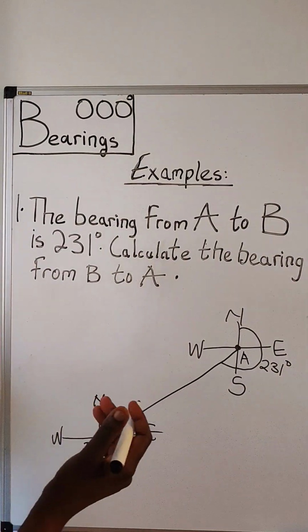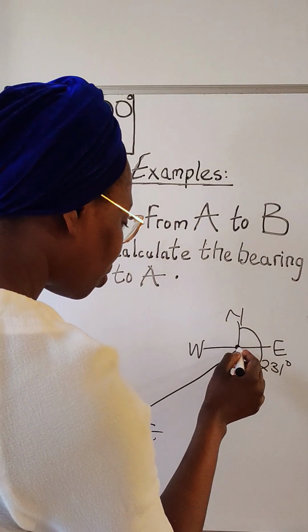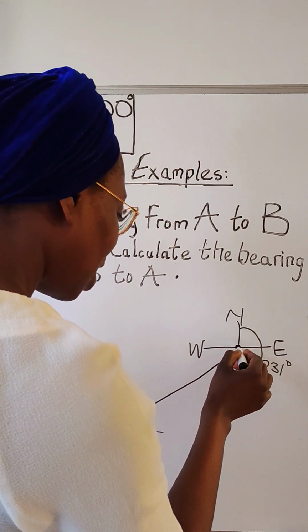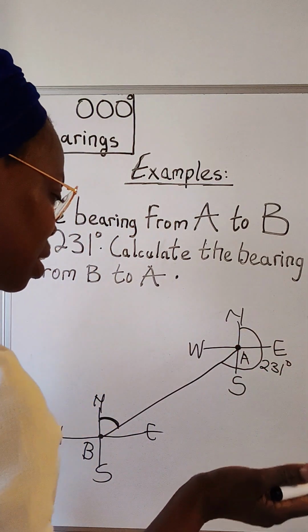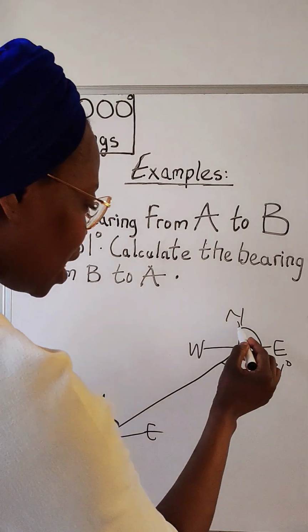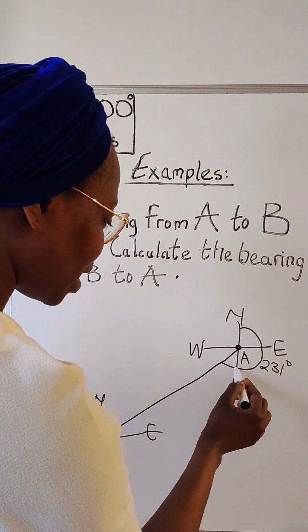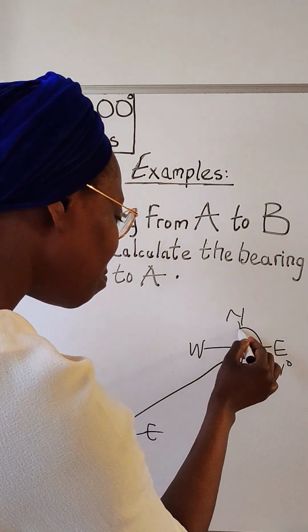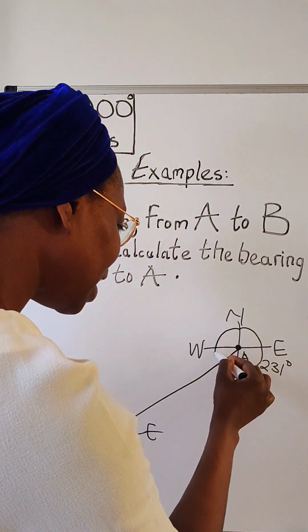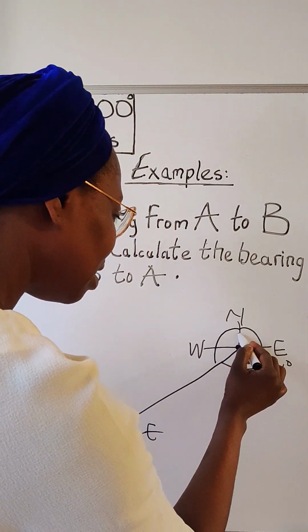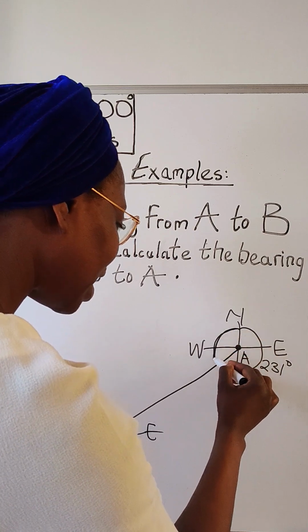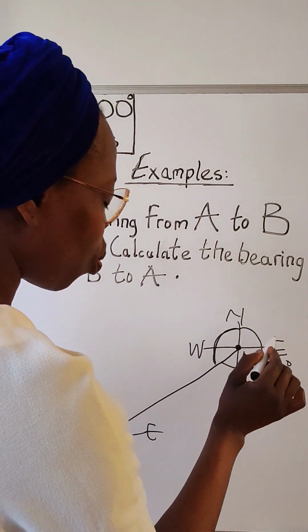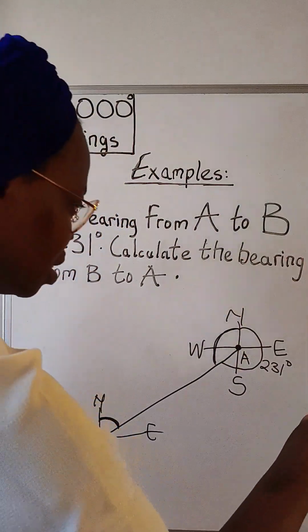So before we go into that, I want us to see this. Angle at a point is 360 degrees, and we already have this 231 degrees, which implies that the remaining angle here will be 231 from 360.